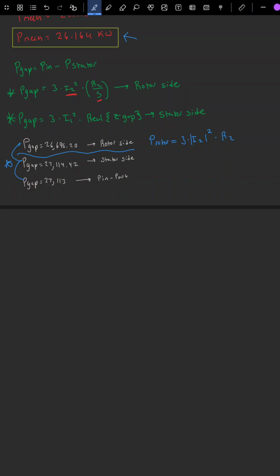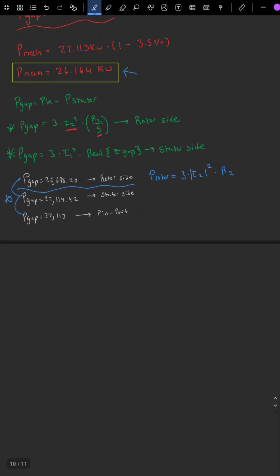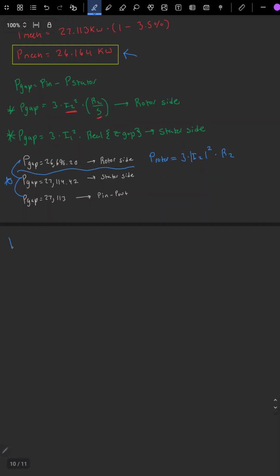I could continue with that and just show you how it's different from the original mechanical power we got. So if we're using P gap equals 26.6 kilowatts, then P mech is going to equal our P gap multiplied by 1 minus the slip.